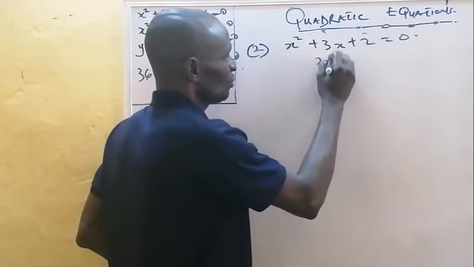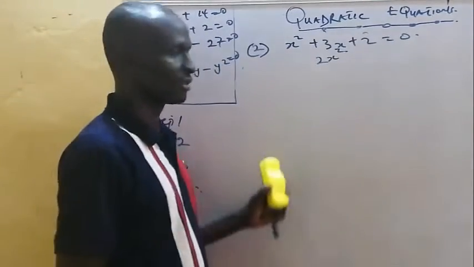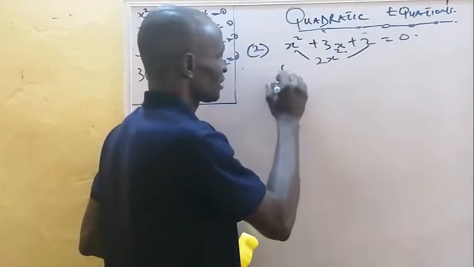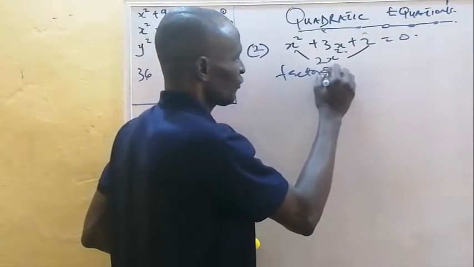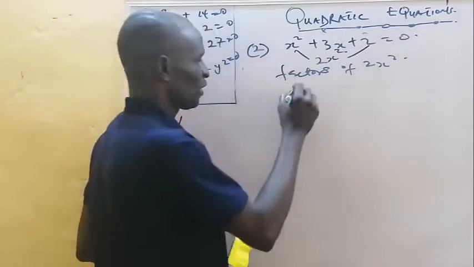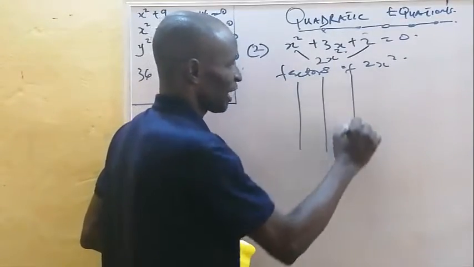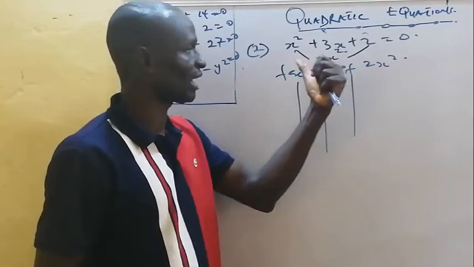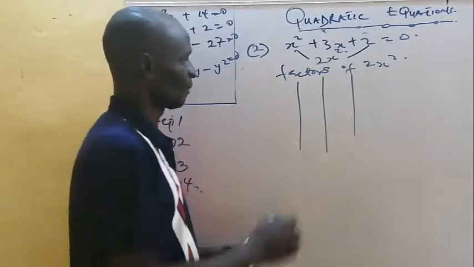That becomes 2x squared. Step 2 says factorize. I'm looking for the factors of 2x squared. That is, what do I multiply together to get 2x squared, and I will add together to give me 3x.